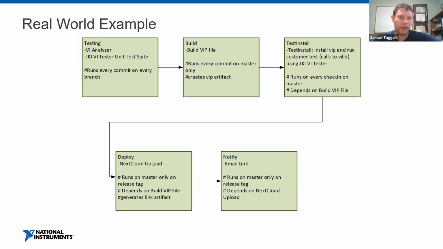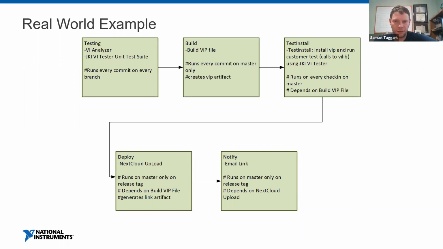But basically, every time I check in and push to the server, those two things would automatically run. And then I was going to build the VIP file, since this code I was going to distribute via VIPM. So my plan was that every time I commit to master, which means I've finished my feature and it's ready to be released, it would build the VIP file.